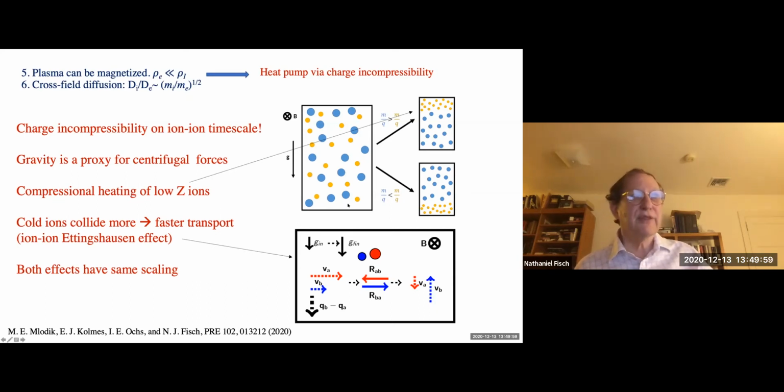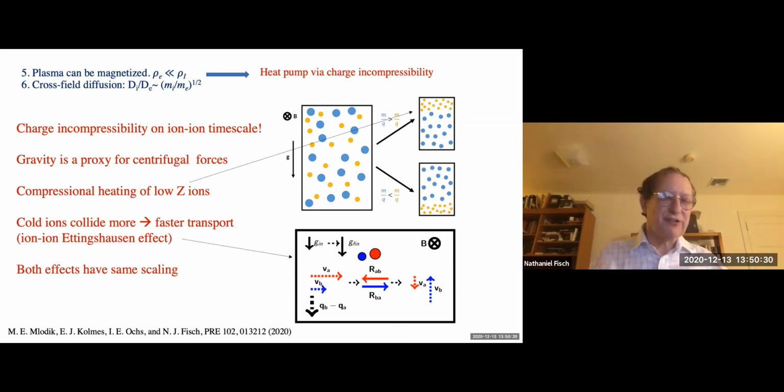And the interesting thing is that wherever the ions with the less charge go, they have to be more dense, so they get compressed. So I have compressional heating of the ions that have little charge, because they have to take the same space as whatever charge the higher charge ions had before.